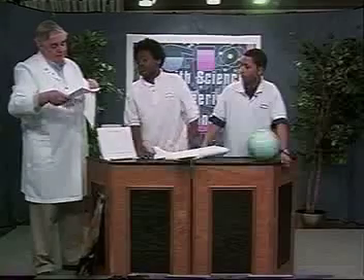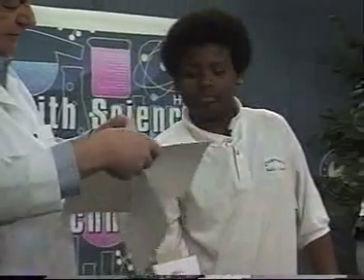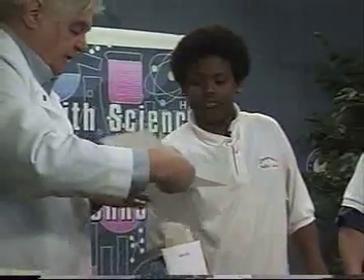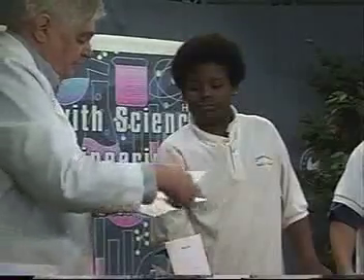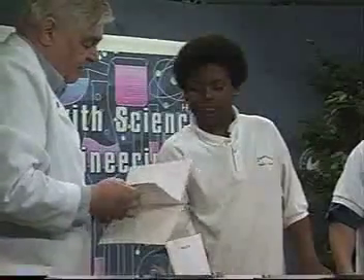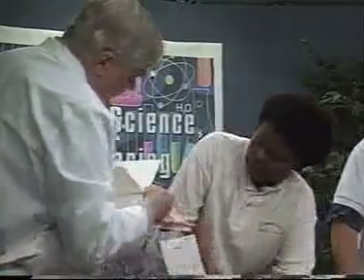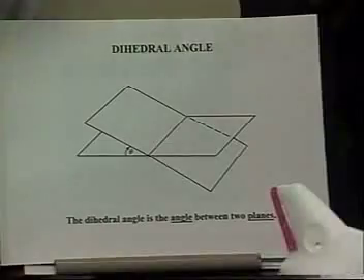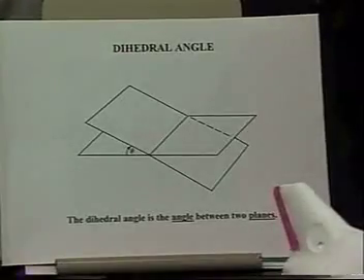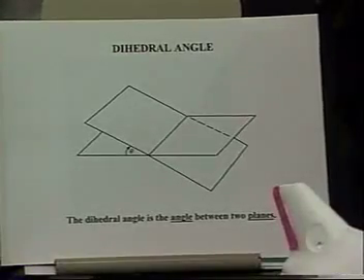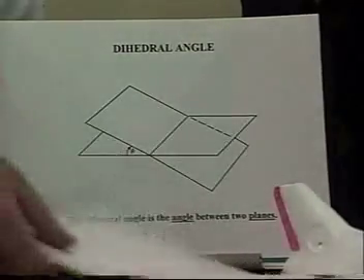So this dihedral angle that we're talking about, just to show you what it is, is this angle in here, like it's shown on my chart. We take these two planes, this one going this way and this one going this way, and this is the dihedral angle. The reason they do that on the kite is to make it a little more stable.